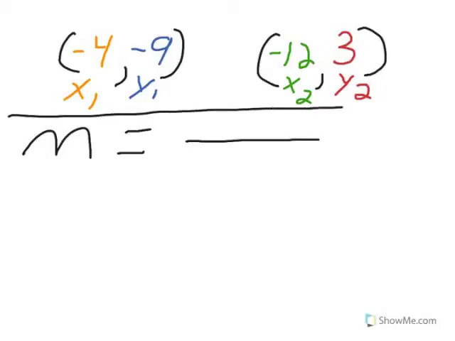Okay, draw the line. And what's the formula again? Put subtraction signs in there already. y2 minus y1 over x2 minus x1. Okay, so let's fill them in.